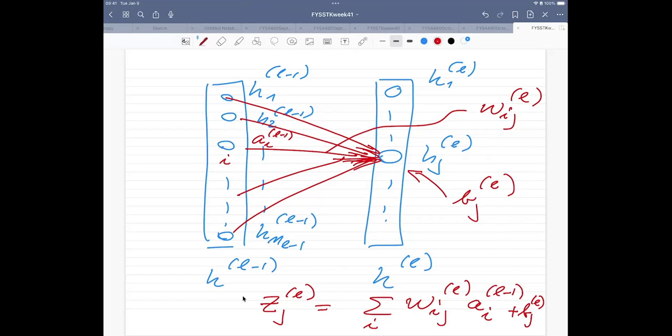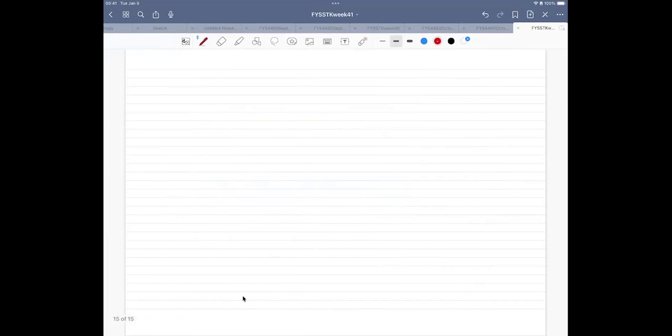So every such node, and this is pretty common, has typically the same activation functions. So that means that what this is going to produce now is an output. So let's just put that up.